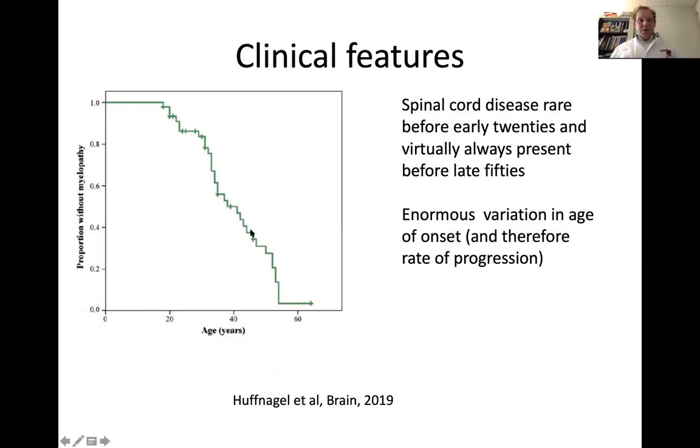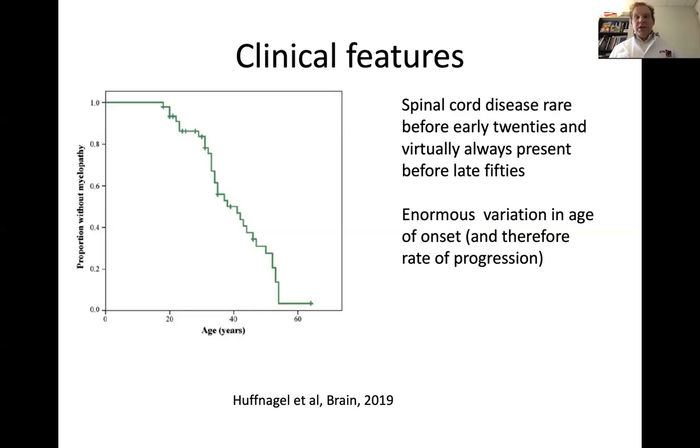What is also typical of this myelopathy is that it hardly ever occurs in childhood or in the teenage years, as this survival curve shows from one cohort study. The symptoms start in the 20s and 30s, but by the time patients reach the age of 50 or 60, virtually all male patients are affected.